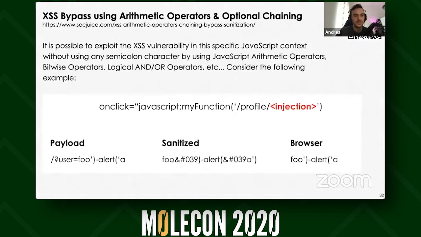It's possible to exploit cross-site scripting vulnerability in this specific JavaScript context without using any semicolon character by using JavaScript arithmetic operators.